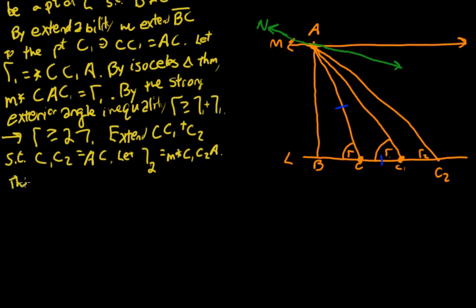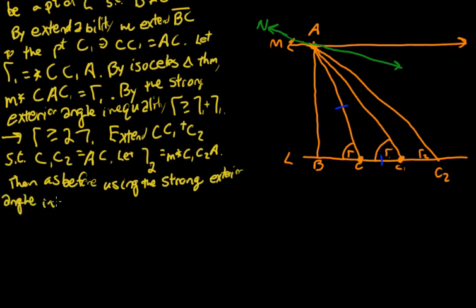We'll say, then, as before, using the strong exterior angle inequality, we have gamma sub 1 is greater than or equal to 2 gamma sub 2.